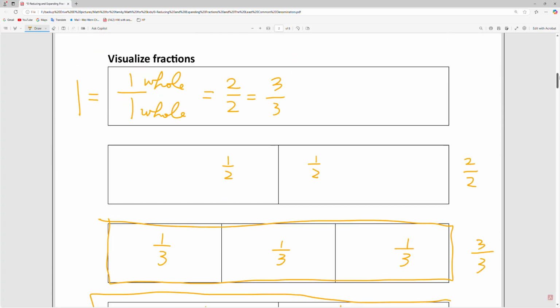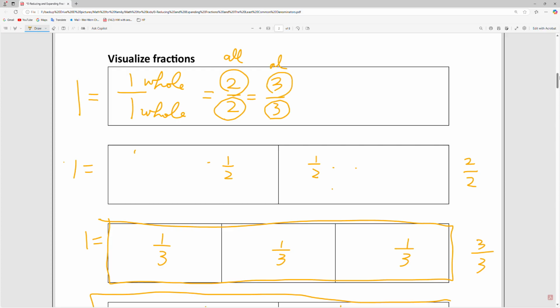Okay. 1 over 1, if you cut the whole 1 into 2 pieces, then you need both of them. So if you cut the whole thing into 2 pieces, then you need to have all of them. All of them means 2. If you cut the whole thing into 3 pieces, you still want all of them because you want the whole, right?